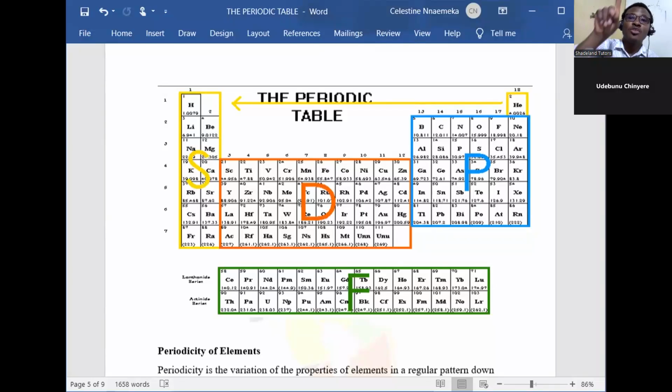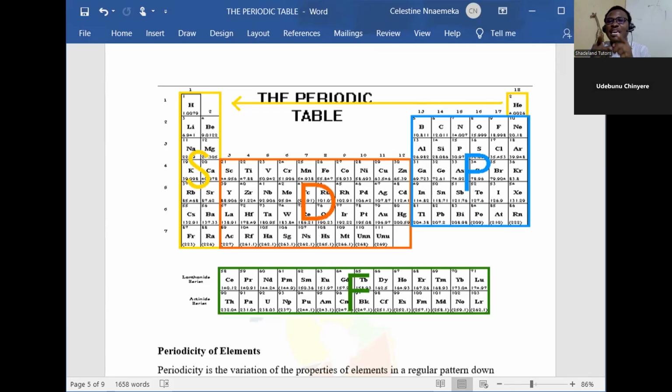Then if you go to the P block, it is from group 3 to group 8. Groups 3, 4, 5, 6, 7, 8. They are all in the P block, as you can see there.